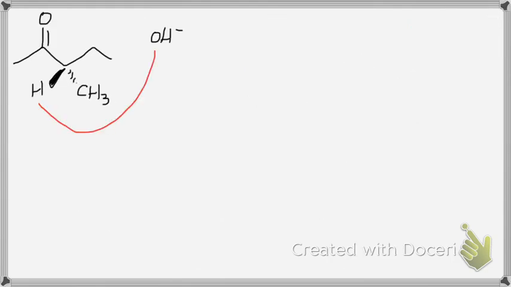If it's under basic condition, then the base hydroxide will grab the alpha proton because that's the acidic proton, and the C=C double bond forms, and the C=O double bond breaks. Then it gives the enolate. Again, in the enolate, the alpha carbon is sp2 hybridized, it's flat.